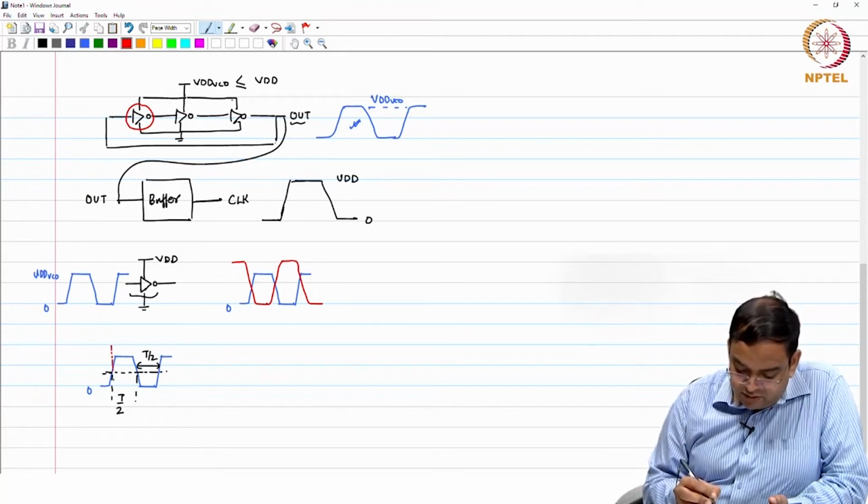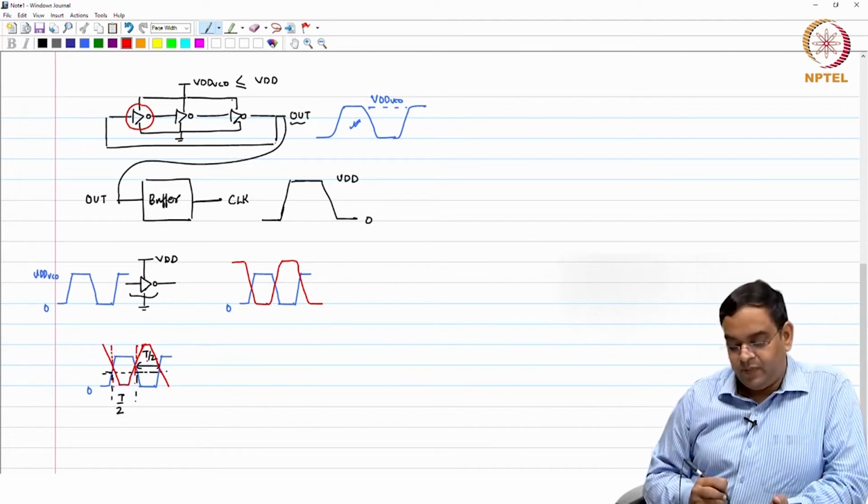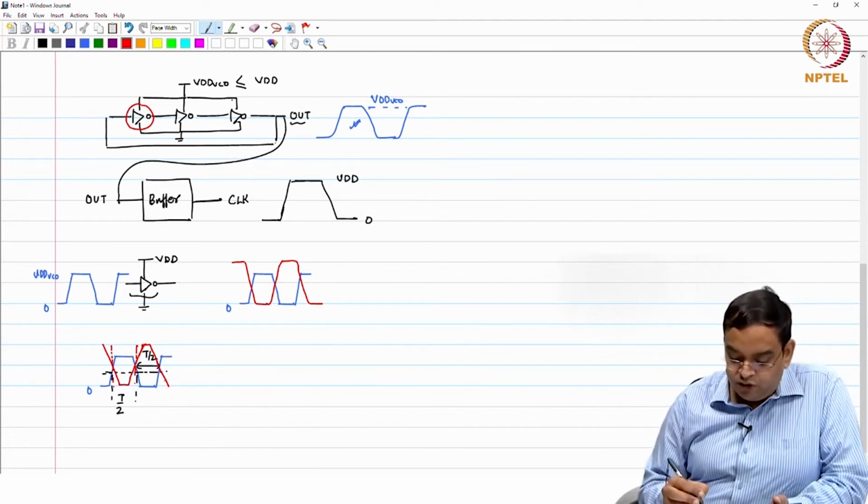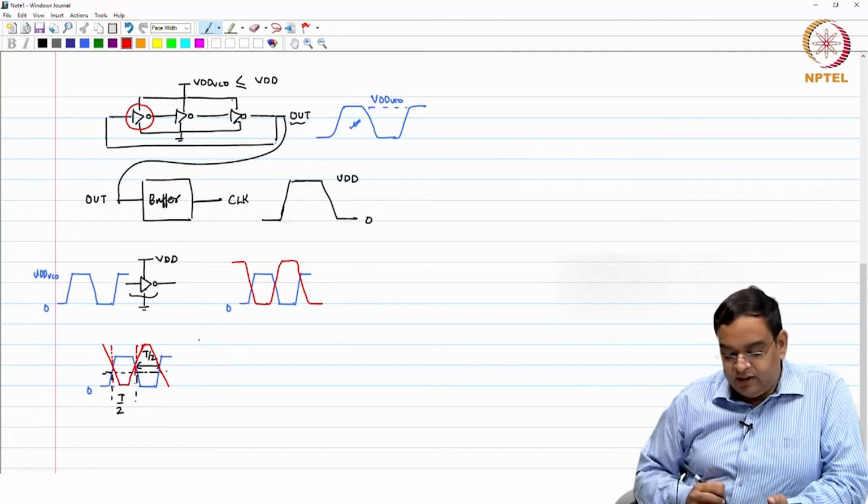The inverter which is designed with 0 to VDD here will have crossing points like this. Those crossing points will be at VDD by 2. Those crossing points will not be at VDD VCO by 2. So, your duty cycle will get distorted.